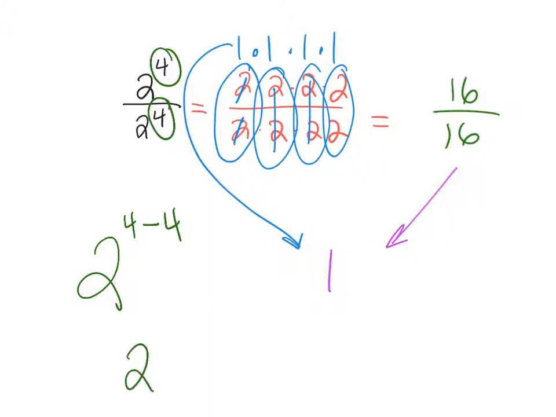And that gives you 2 to the 0, because all of the 2's divided away. You're not left with any 2's whatsoever, are you? Do you have any 2's left up here at all when they all divide away? No. You have 0 2's, but the value is still 1.